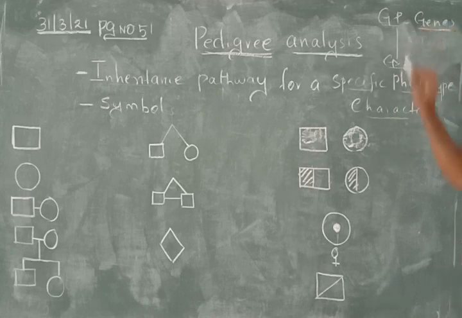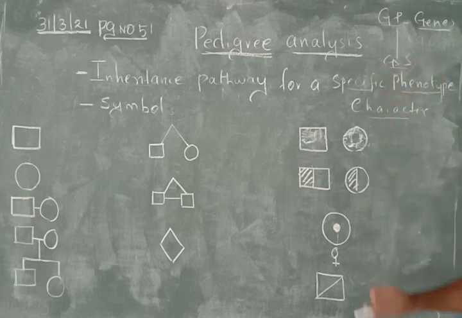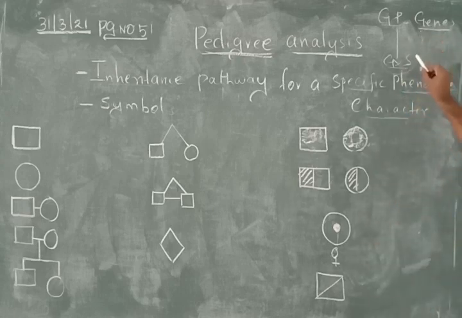If the gene is normal, the gene will pass to the grandchildren, and the grandchildren also will be normal. Suppose this gene is abnormal, this abnormal gene will pass to the grandchildren, so that the grandchildren will be affected with this abnormal gene.